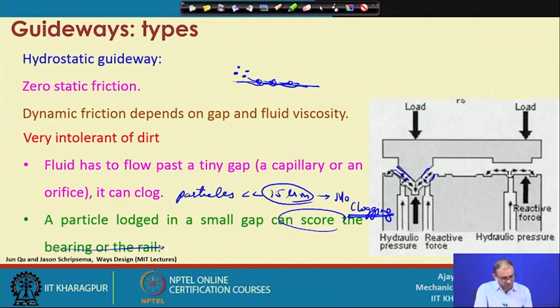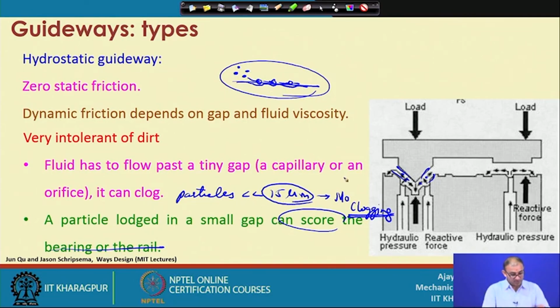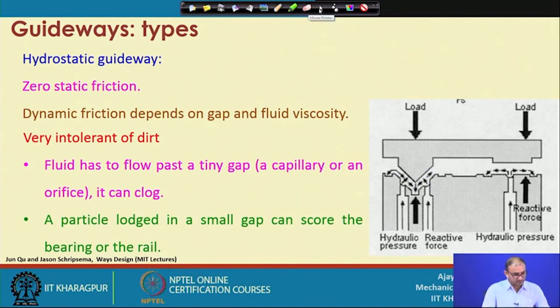Once the scoring of the rail is there, gap maintenance is very difficult, because you now have uneven surfaces. Whatever calculation you have done with respect to load and hydraulic pressure no longer applies, because your surface is now different from the earlier design surface. So, this is the problem. Your filtering process should be very strictly monitored, otherwise it will create problems at some stage.